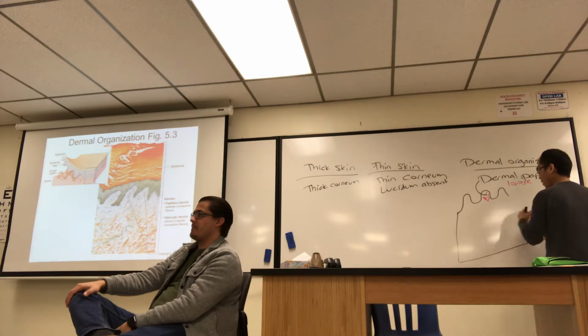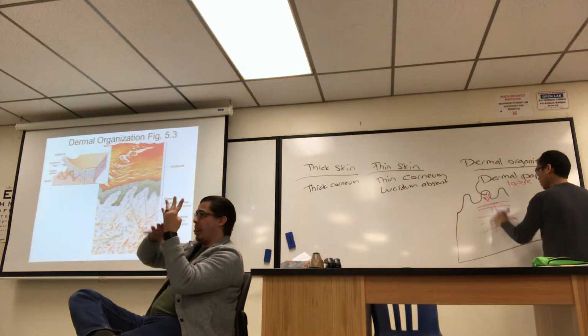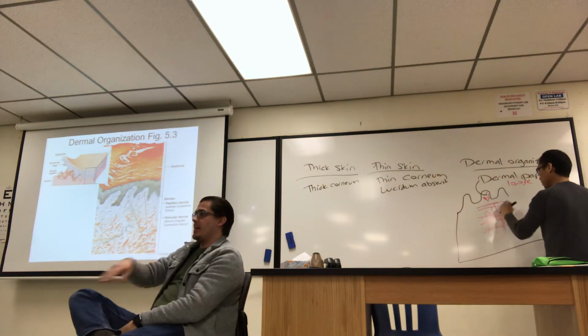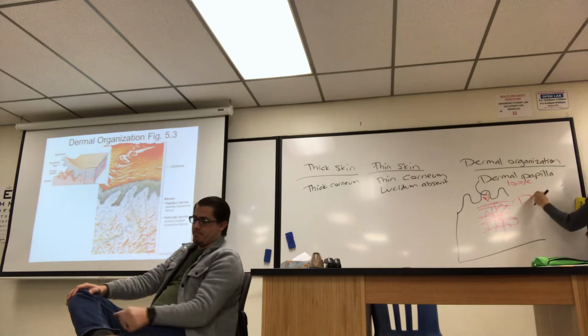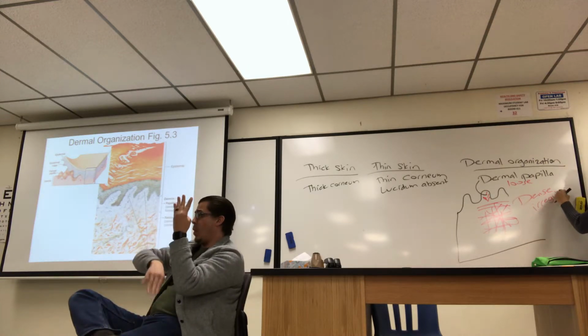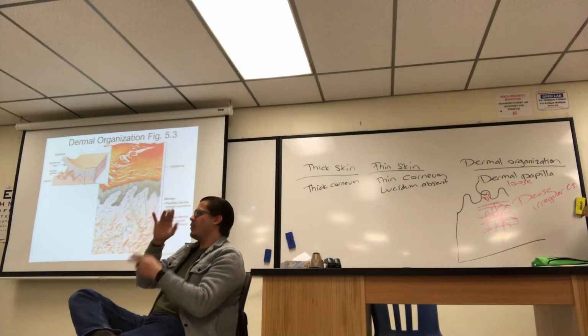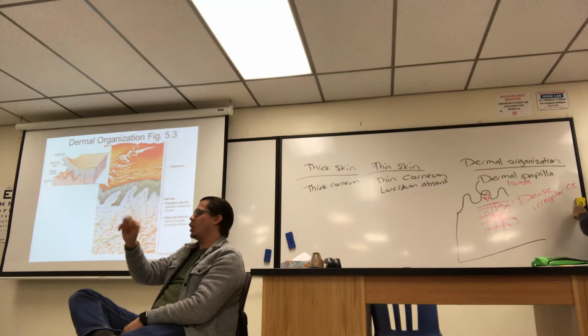But everywhere below it, from here on down, was our dense irregular CT. And the name for it is the reticular layer of the dermis.